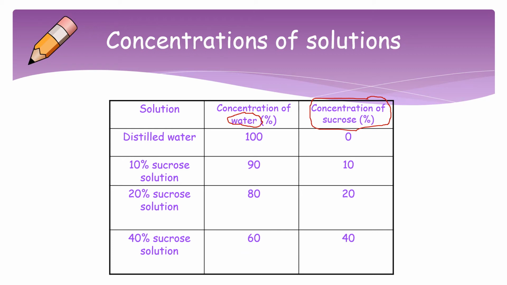As you can see, all of these numbers add up to 100. So this one would have our highest water concentration out of this table, and this one would have our lowest water concentration out of this table.